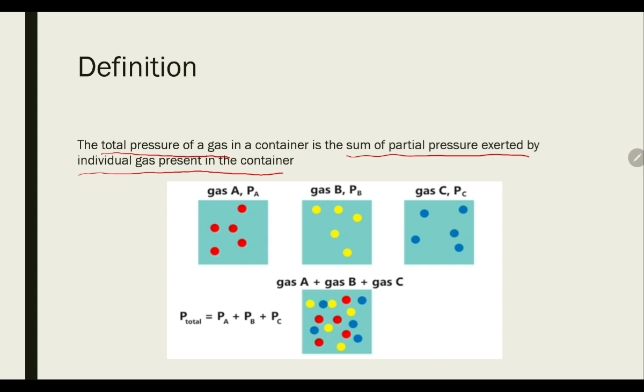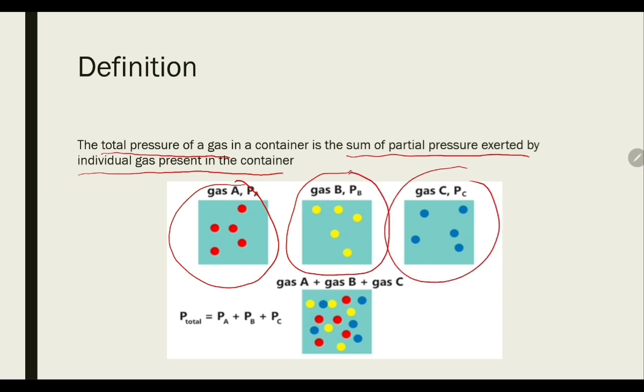Let's look at the diagram given on the screen. We have gas A as a red molecule, gas B as yellow molecules, and gas C represented as a blue molecule. Gas A, B, and C will be mixed together in a container to become a mixture of gas.